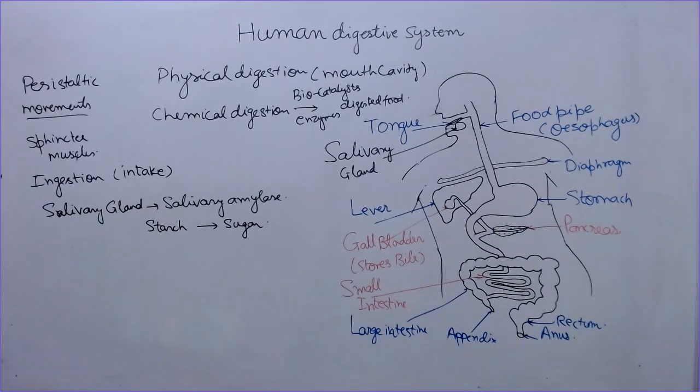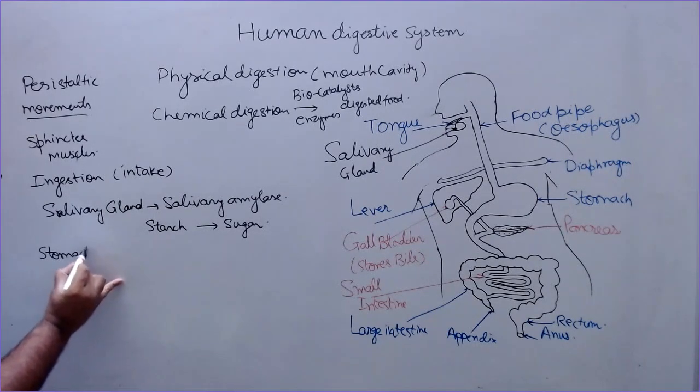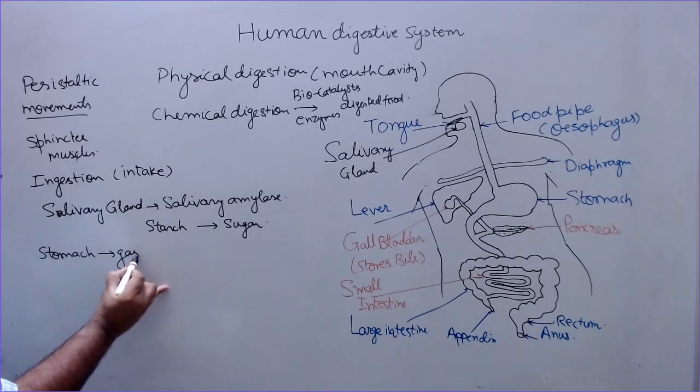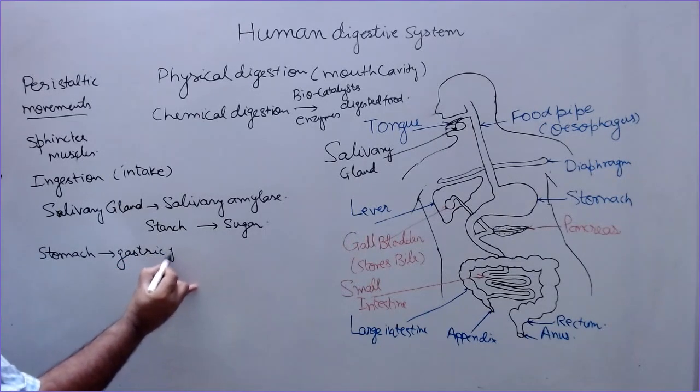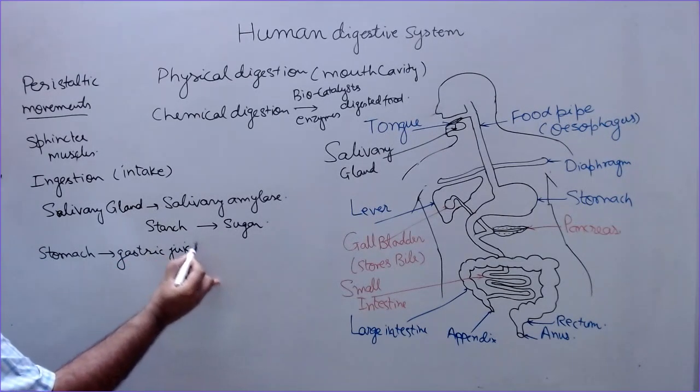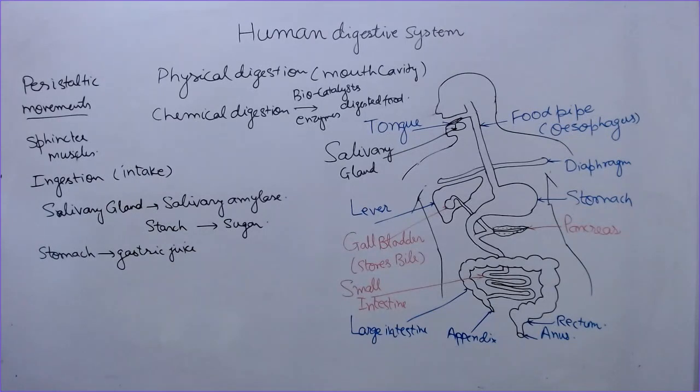There are tubular glands in the walls of the stomach, and they secrete the gastric juice. Small glands in the form of tubes are present in the walls of the stomach.